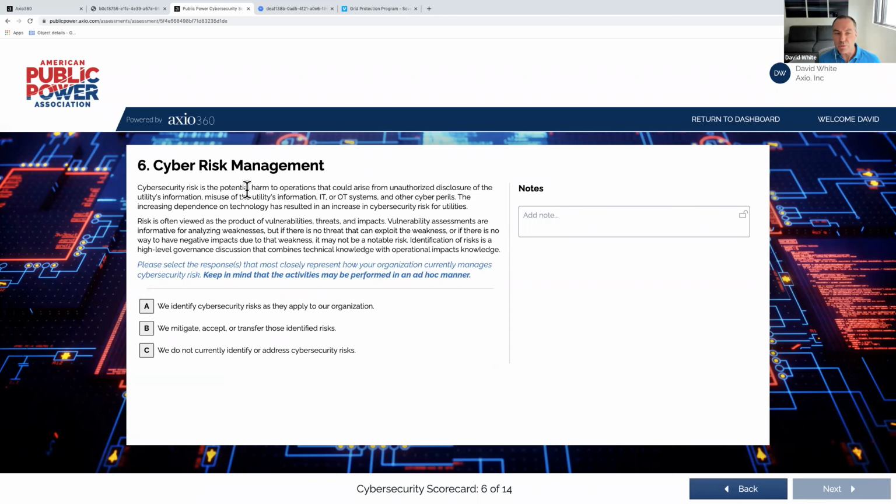The next question is on risk management. So risk is a higher order sort of concept than threats and vulnerabilities. And it really involves identifying something that if it happens would cause a meaningful impact to your organization. And so, for example, you might identify the risk of credential theft or password theft through phishing as a major risk.